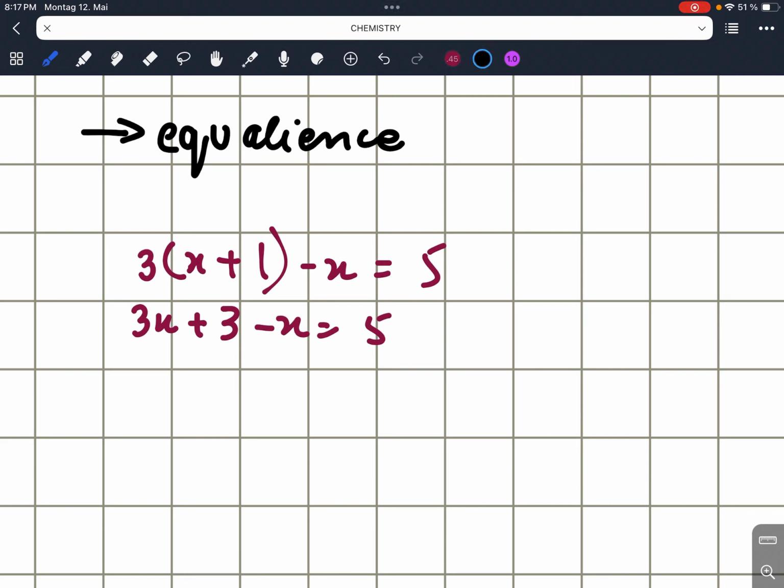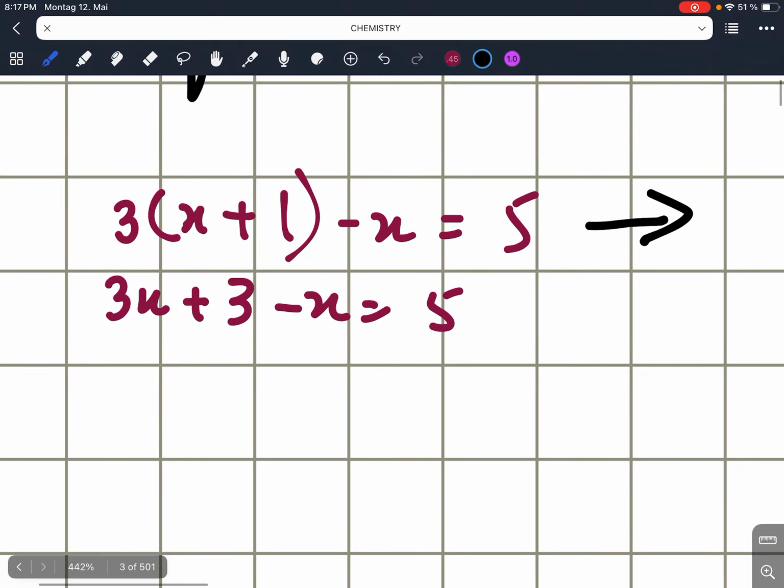But what is the rule of equivalence here? This was such an easy thing that we did right now. Equivalence tells us that this was the first equation, and I made some changes by solving it further. But do you think that just because I opened the bracket, it will give me an incorrect answer?